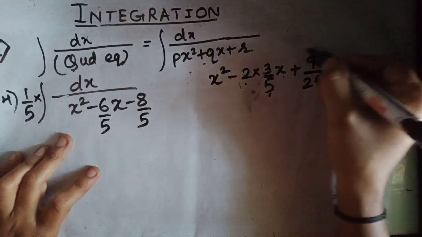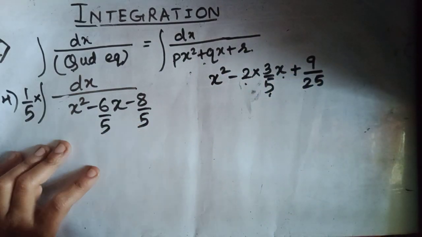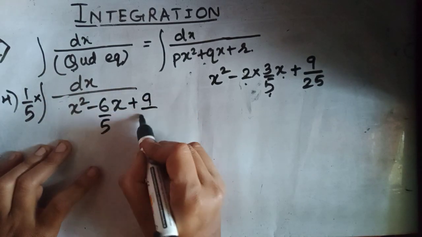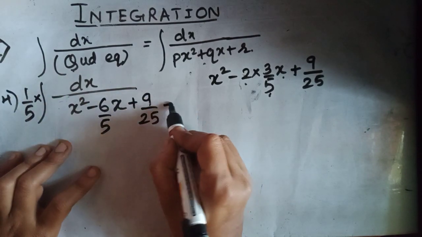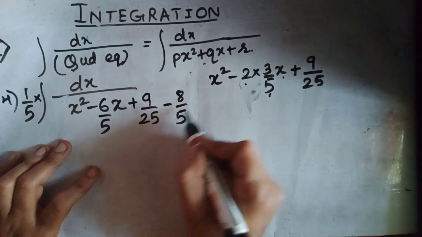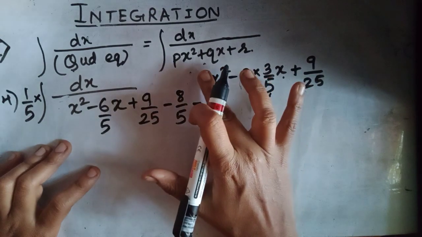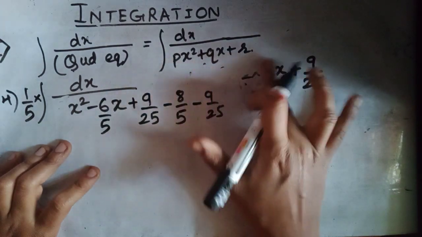You have to add and subtract this term. So I will write here plus 9 by 25 minus 8 by 5 and minus 9 by 25.